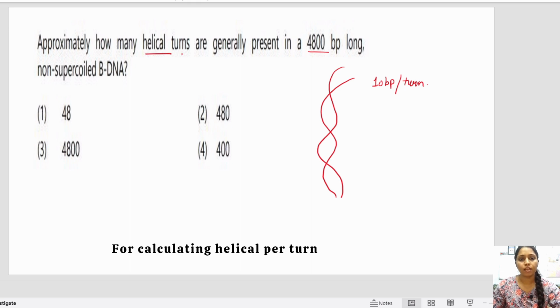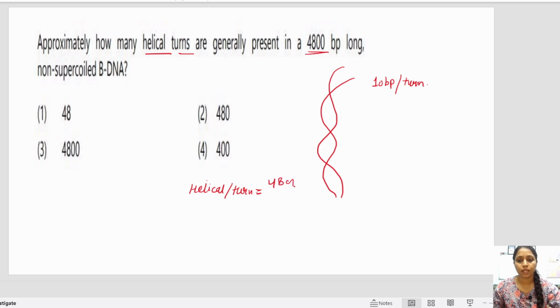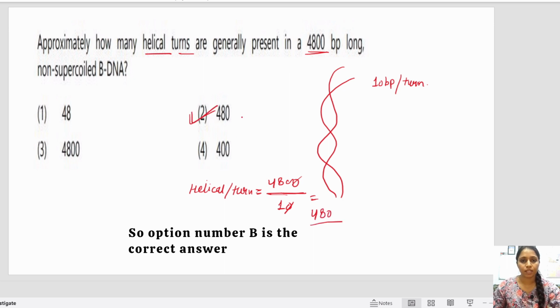Helical turns is equal to the total length of DNA, which is 4800, divided by base pairs per helical turn, that is 10. If we calculate this, we obtain 480. So option B is the correct answer.